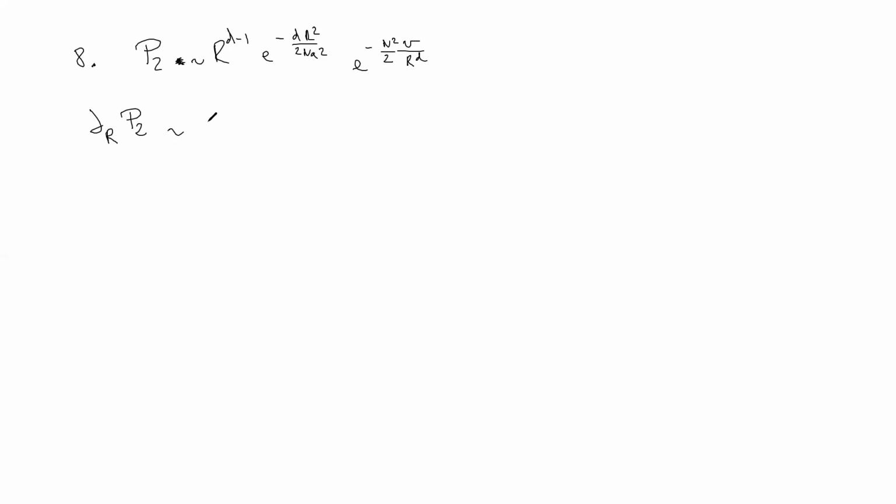This is a scaling symbol. So I have 3 terms times the 2 exponentials. I don't write them anymore. RD minus 1 times this guy, so there will be n squared V over RD plus 1. That would be equal to the final term, which is RD minus 1, and R squared when it's derivated is only 1R, and A squared without any prefactors. And I removed already the exponentials.